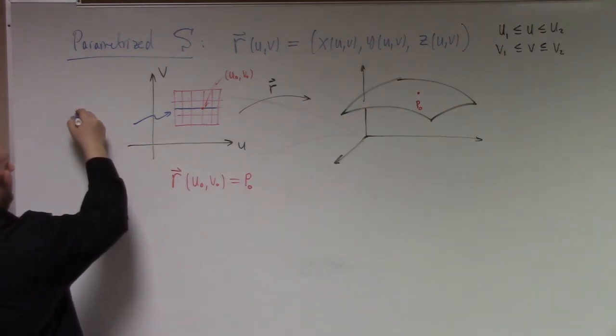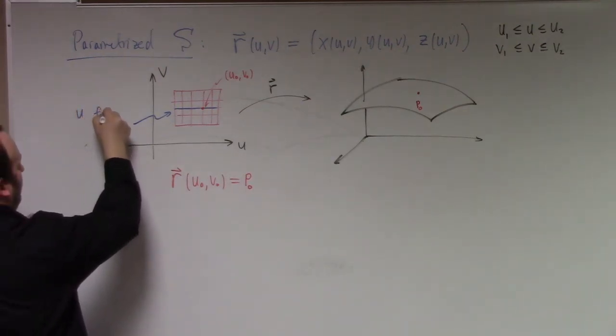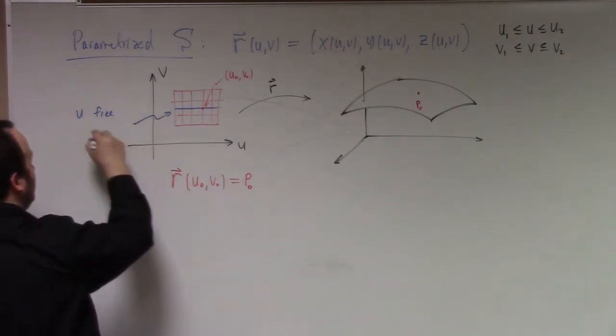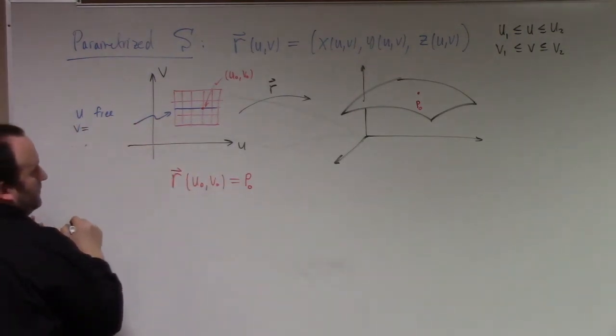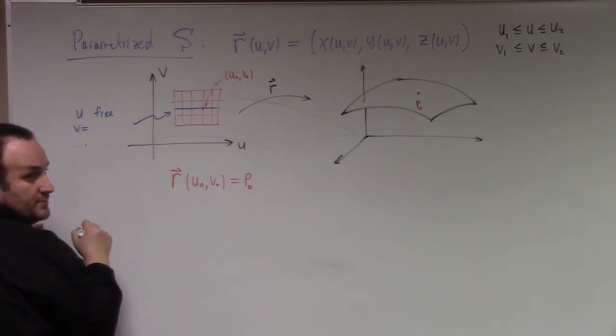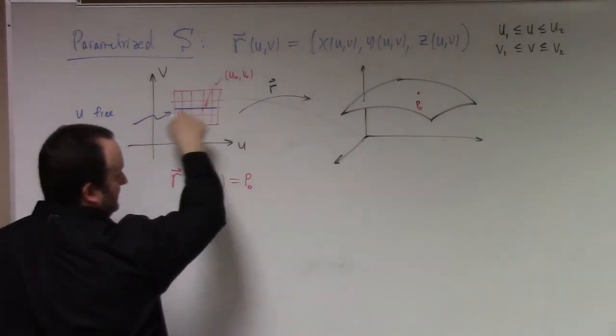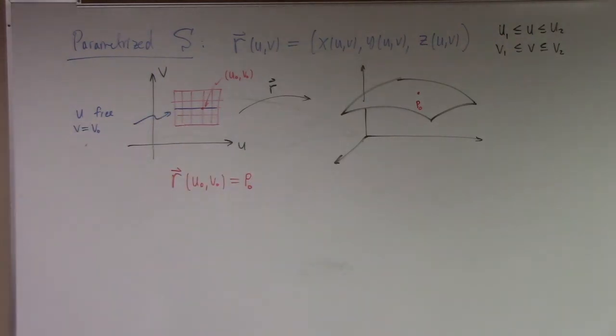There we have u is free, right? U varies, right? But v is equal to what? In my picture, v is equal to v naught, right? So v naught is fixed, right? Now the parameterization does what?